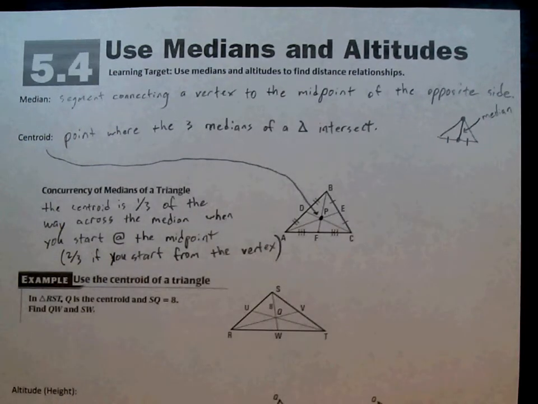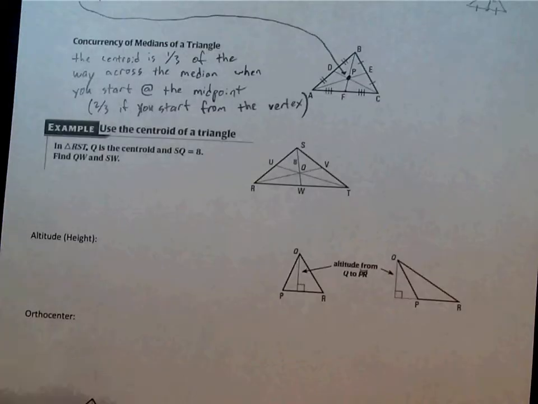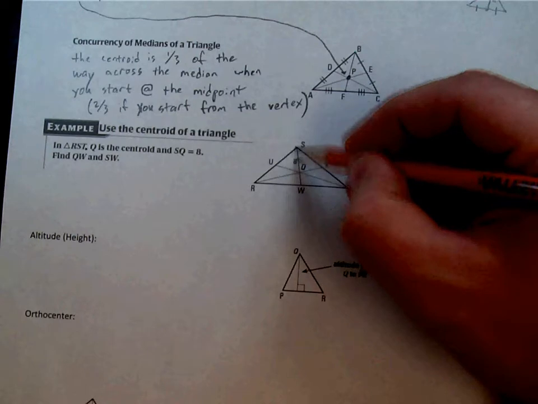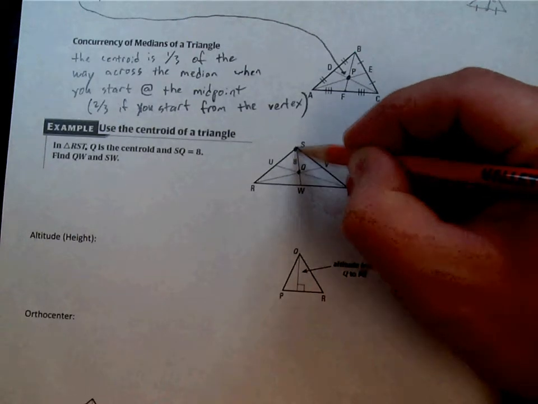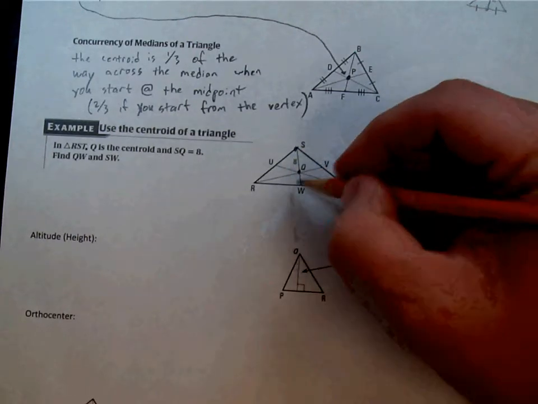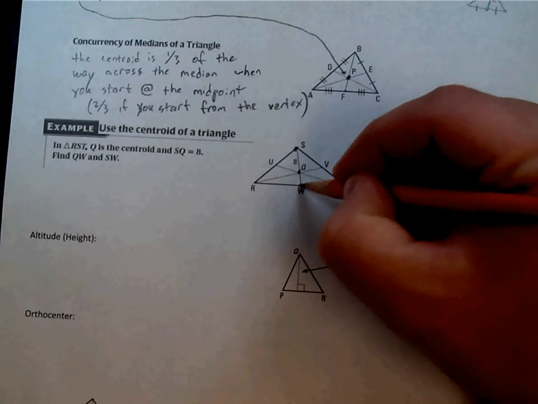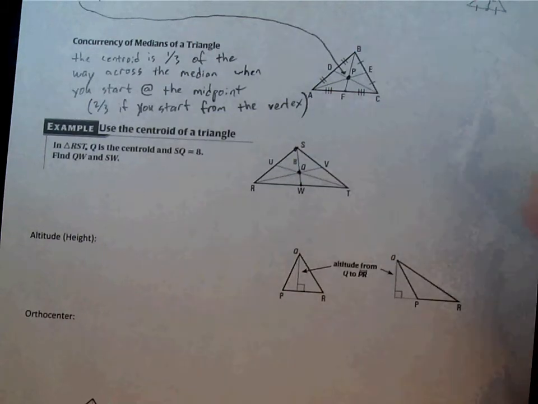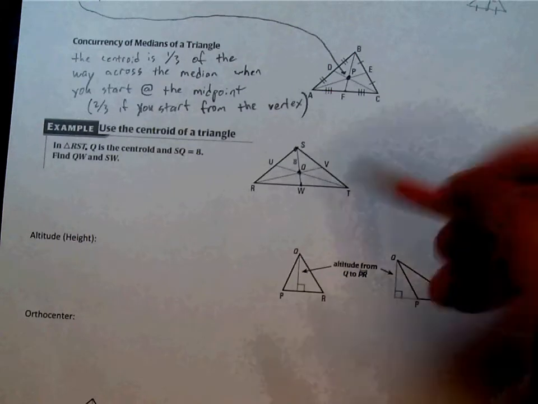So 2/3 and 1/3. Coming down to this picture, notice they're saying from S to Q is 8. Well, that's starting at the vertex, the long way. If we start at W to Q, that would only be 1/3. If we compare 1/3 to 2/3, 2/3 is 1/3 plus another 1/3, so it's twice as long.